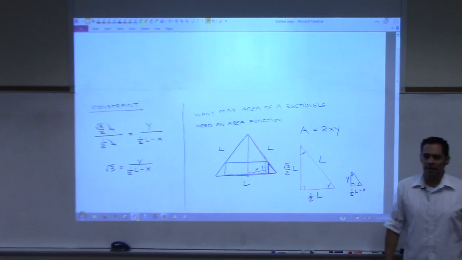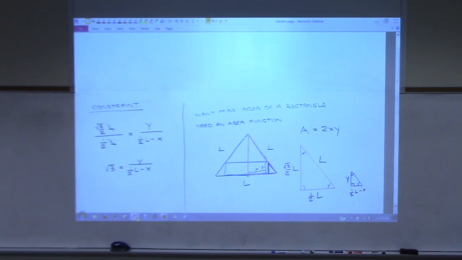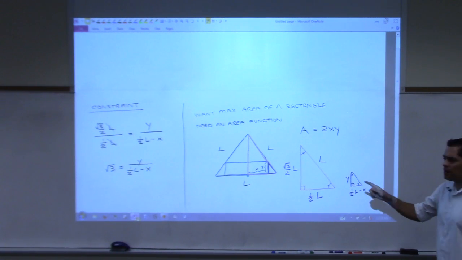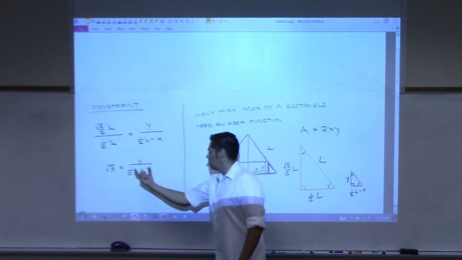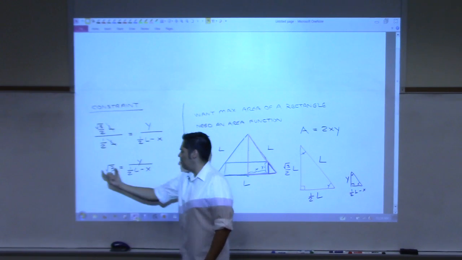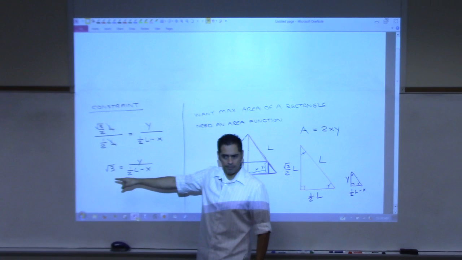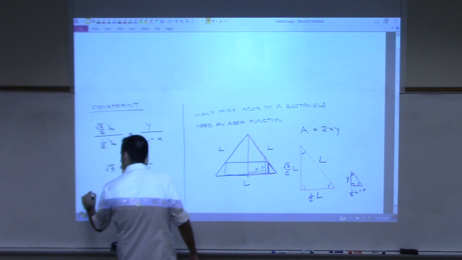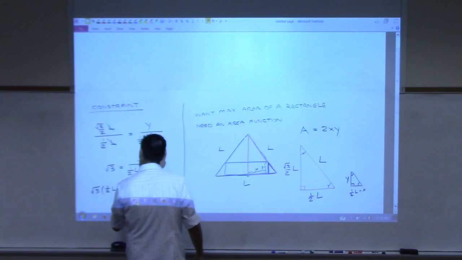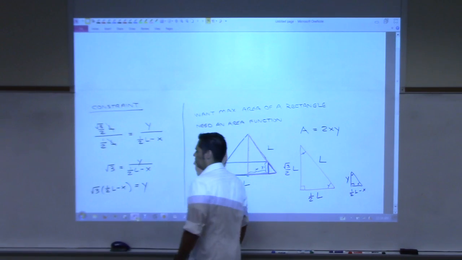Let's solve for y. If I solve for y, I just clear the fraction out, right? I multiply both sides of this fraction by 1/2 L minus x. Just multiply this on this side and on this side. It'll cancel over here. It'll appear over there, right? So you get this, root 3 times 1/2 L minus x equals y.